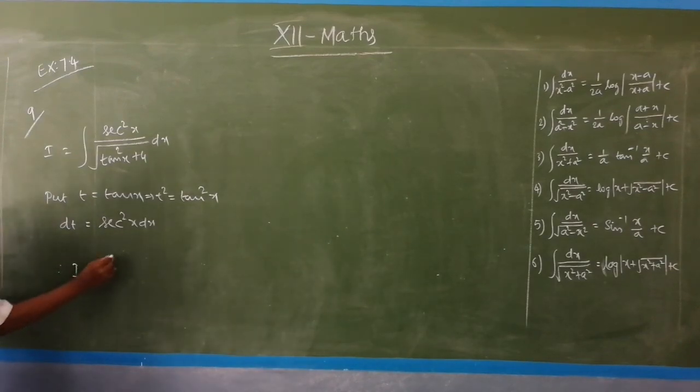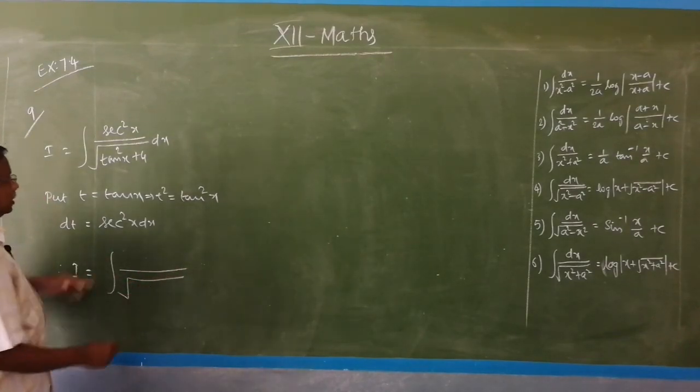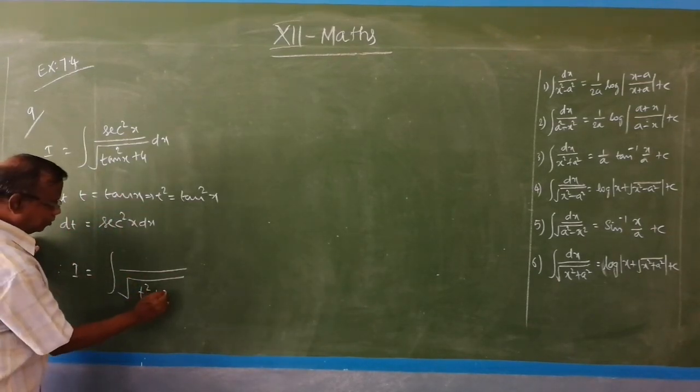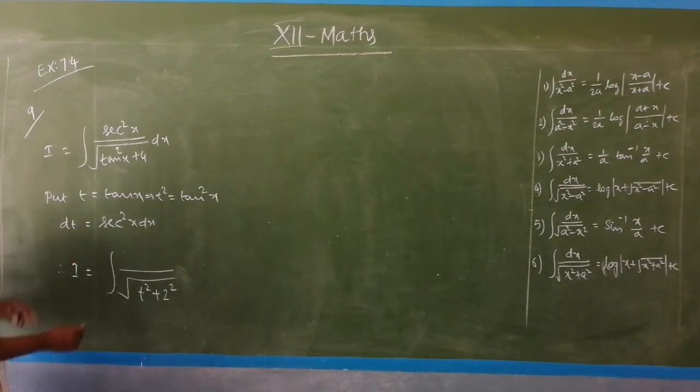Therefore I equal to integral, in the denominator it is root of tan square x means t square plus 4 means 2 square, and the numerator is dt.